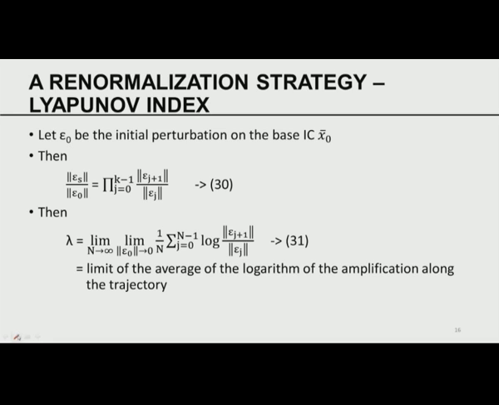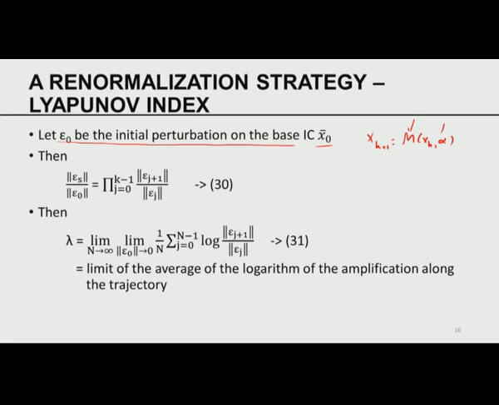Let epsilon naught be the initial value of a perturbation based on the initial condition x naught bar. So the initial condition is fixed, the given model is fixed, alpha is fixed. So please understand, my model is x k plus 1 equals M of x k, alpha.